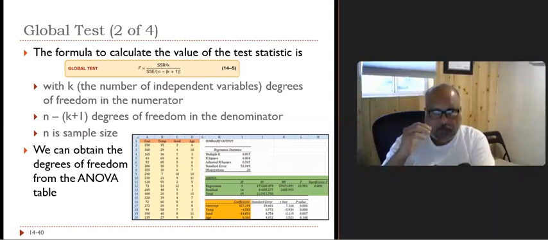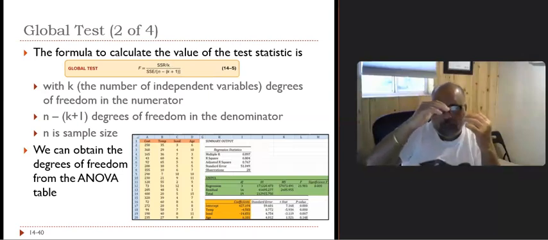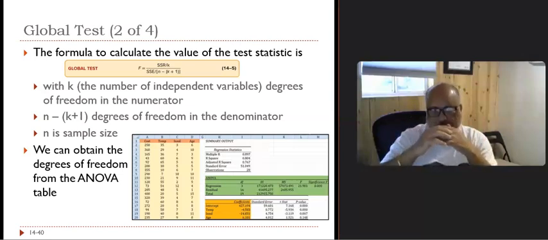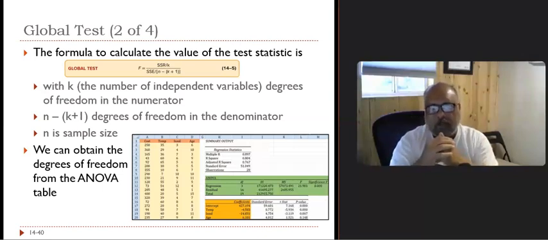In the F distribution we need three pieces of information: the numerator degrees of freedom, the denominator degrees of freedom, and the significance level.